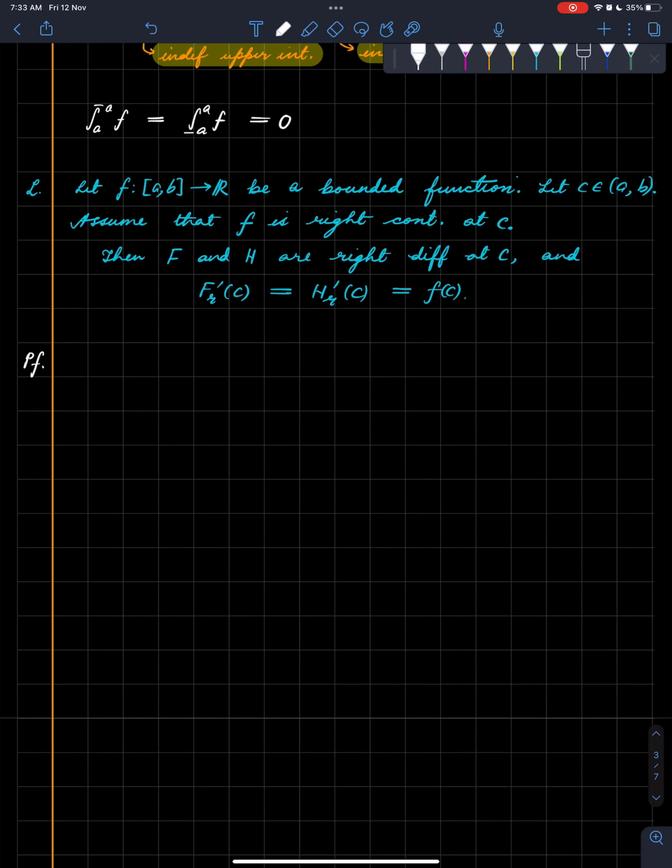So what do we want to show? So basically we'll only do this part, that the right derivative of capital F at c exists and is equal to that value.